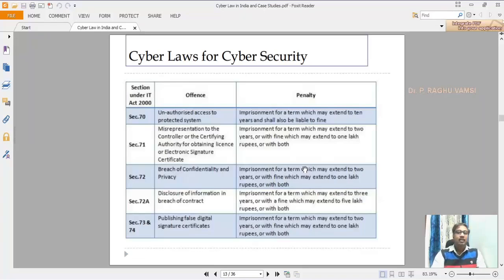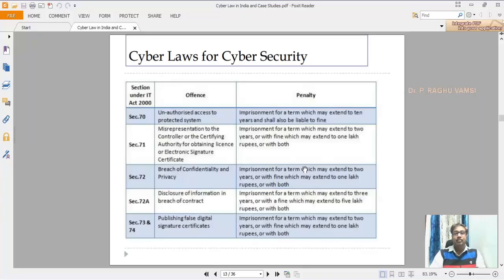That means by misrepresenting to the controller or the certifying authority, you might have misrepresented the license or electronic signature, or if a hacker might have stolen the electronic signature of someone else and represented it as his own, then imprisonment for a term which may extend to 2 years and a fine not exceeding 1 lakh rupees or both.